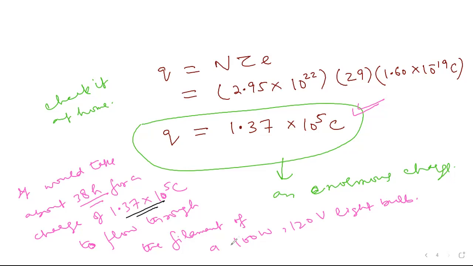a 100-watt, 120-volt light bulb. That means if I have a light bulb which is operated at 120 volt and it gives 100 watt of power, then this much charge will flow through its filament in 38 hours.